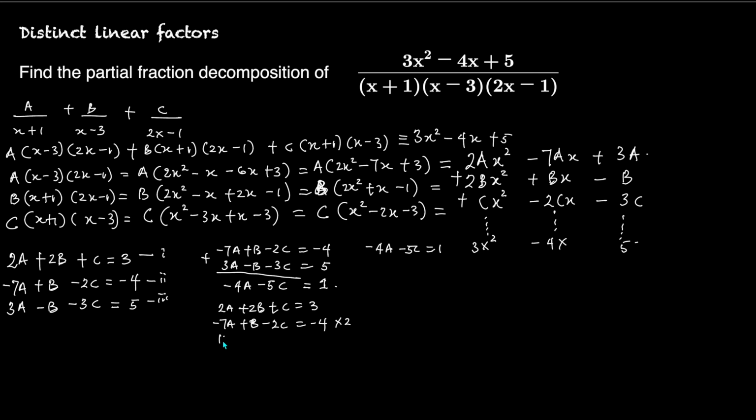So I have negative 14a plus 2b minus 4c equals negative 8. So when I combine 2a plus 2b plus c equals 3 with negative 14a plus 2b minus 4c equals negative 8, here I just have to subtract because they have the same sign. So this is 16a plus 5c equals 11.